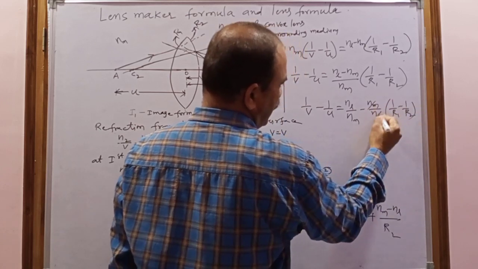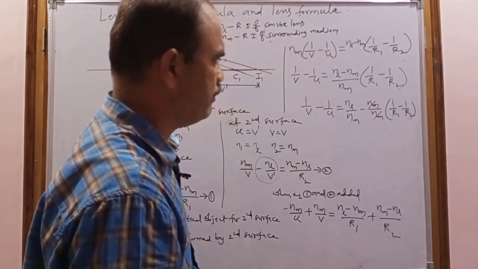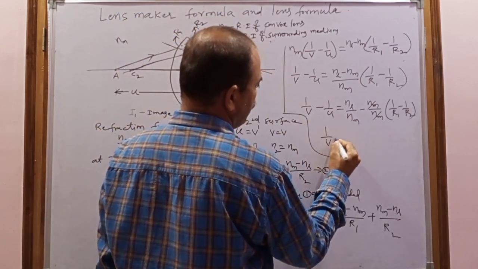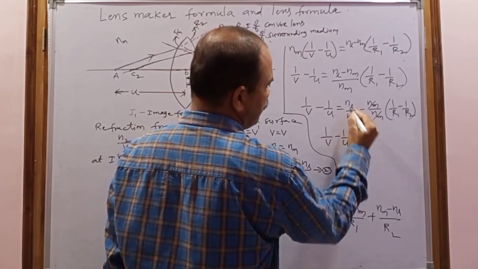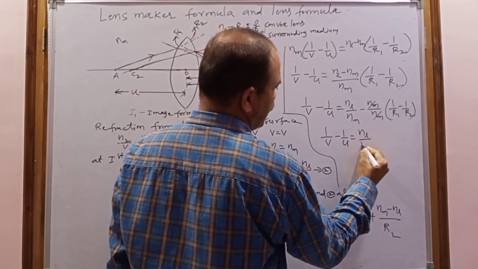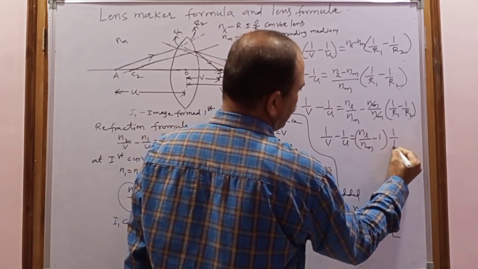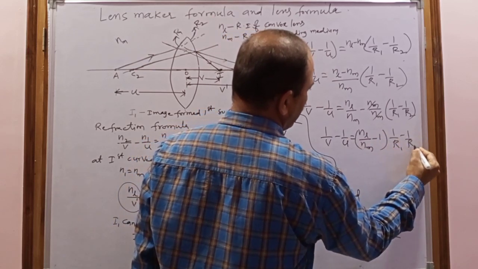So here n suffix m will be cancelled. What do you get? 1 by v minus 1 by u equals refractive index of the lens by refractive index of the surrounding medium minus 1, of 1 by r1 minus 1 by r2.